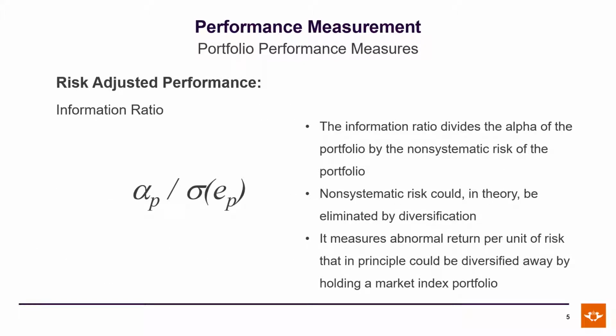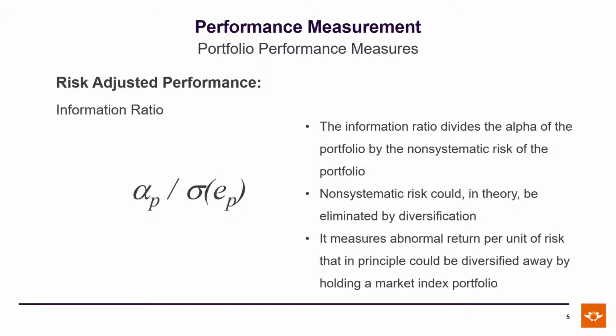The final risk-adjusted performance measure that we will be looking at in this lecture is the information ratio. And the information ratio just looks at taking Jensen's alpha, or the active return, and dividing it by non-systematic or diversifiable risk in your portfolio. So you're looking at the ratio of abnormal return generated by the manager per unit of risk that can be diversified away by holding a market index portfolio.